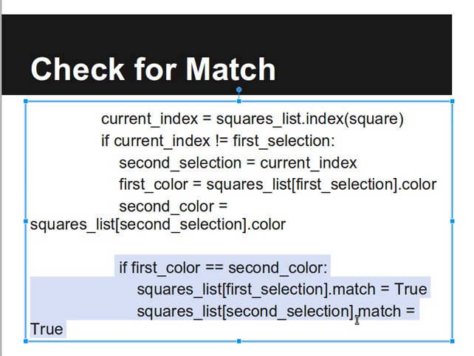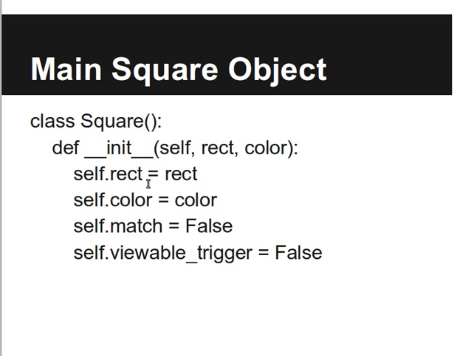I think this is a pretty difficult concept to get. You have to understand what squares, what the list is. So this up to here will return you one object, one square. But if you remember, the square has all these attributes.